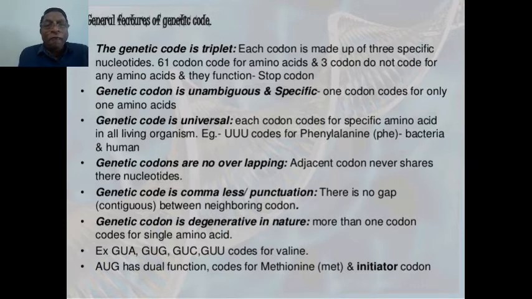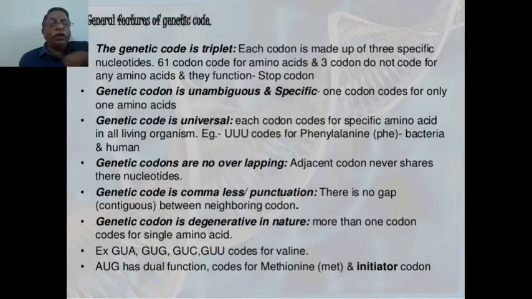Next, see, the genetic code is non-overlapping. On the mRNA, we find codons like this. You have seen the structure of mRNA: 5' AUG, then structural gene. So that consists of UUU, UUC, like this. 3 letters on mRNA is called a codon.